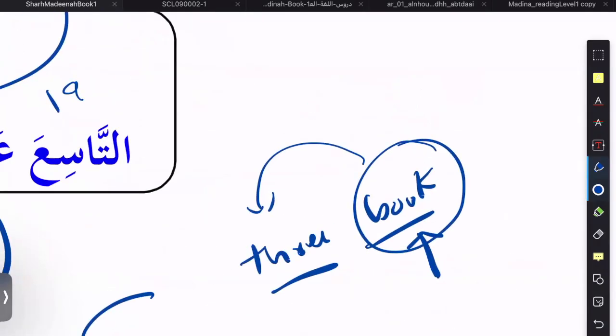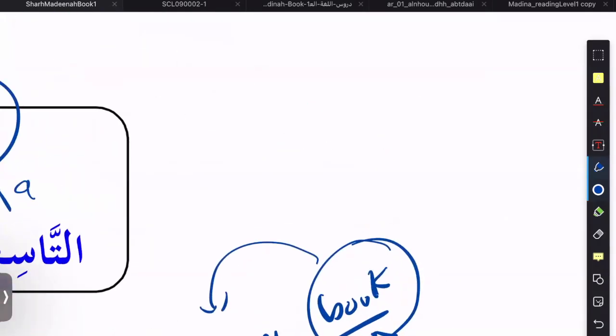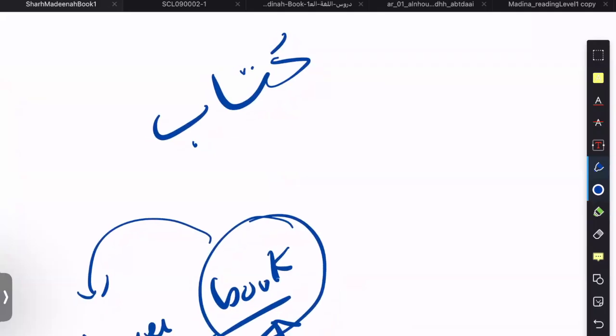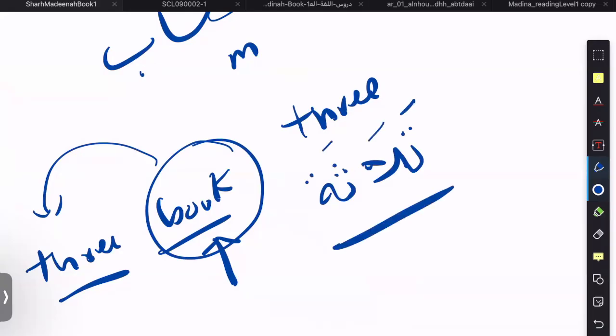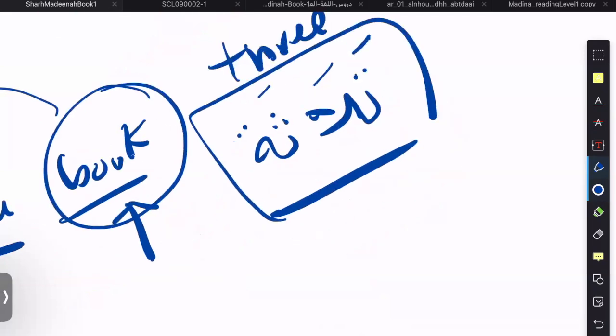Just to visualize, we don't know how to say it yet, if we say kitab, and we want to say 3, kitab is masculine, so the number 3 has to be feminine. So how do you say 3? Thalatha. Thalatha. So this is feminine, so this is the number that we have to use. What will be the masculine version of 3?